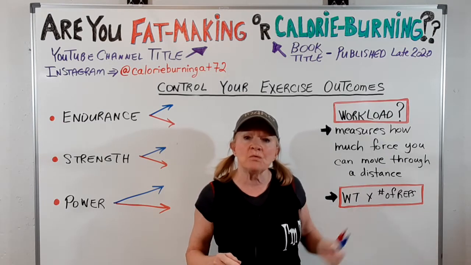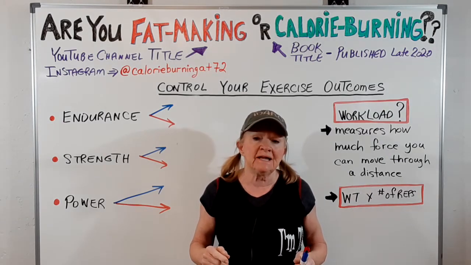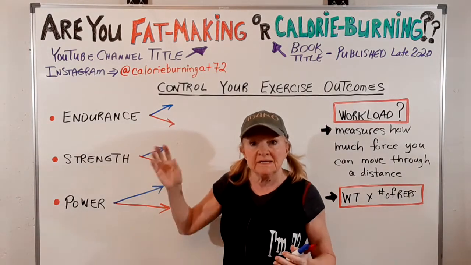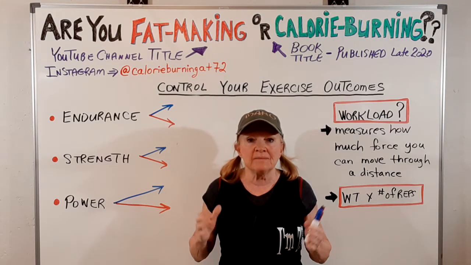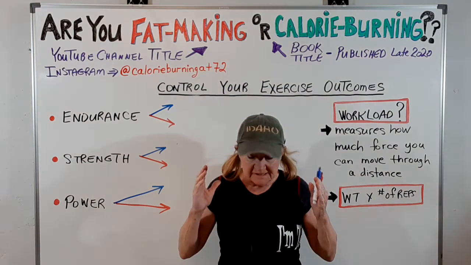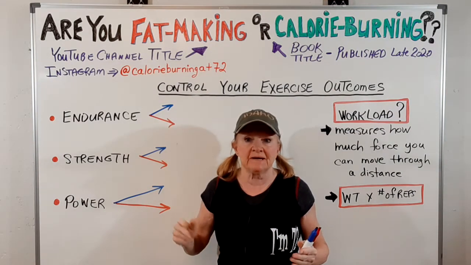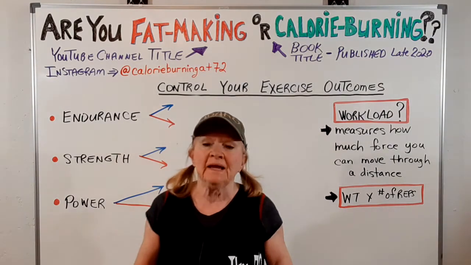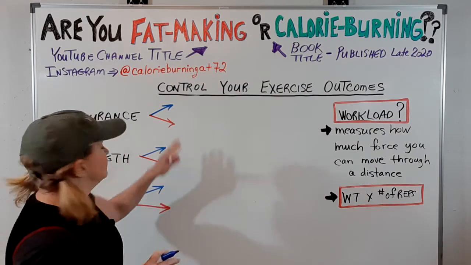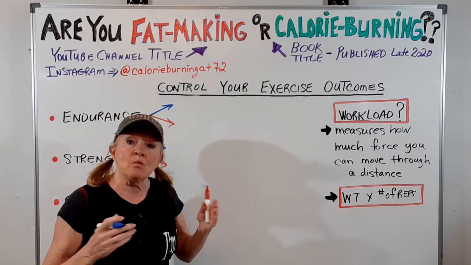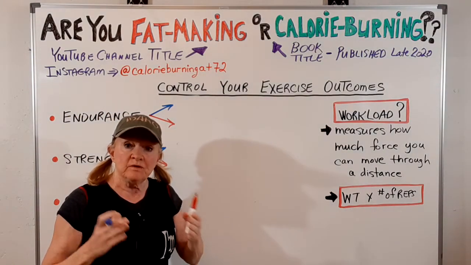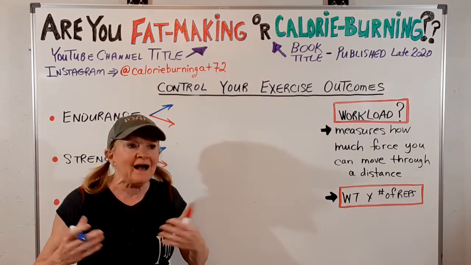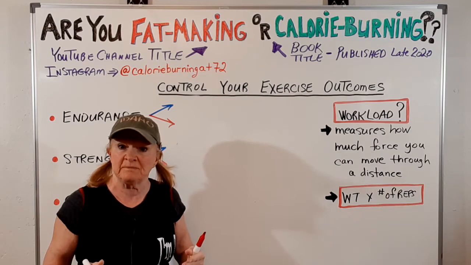Now, if we talk about workload, let's talk about how we can manipulate our workload to get at one of these three. And I'm going to use the same workload to get at all three, and we'll see what we can manipulate to get at that. So in general, for all of these three, we've got weight involved, we've got number of repetitions involved, and of course we have tempo, or how fast you do those repetitions.